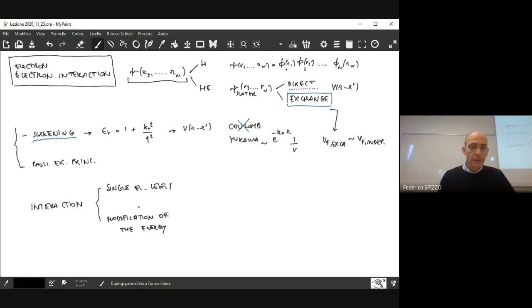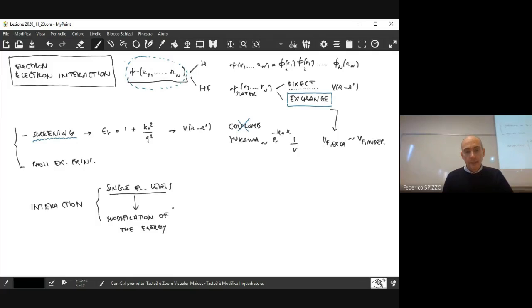So even if in principle we should consider a wave function that depends on the coordinates of all the electrons, so in principle single electron levels should not be there, single electron levels are considered, and the effect of the interaction is shown just by the energy of those levels. So the electronic levels are always single electron levels, and the only contribution of the interaction affects the energy.